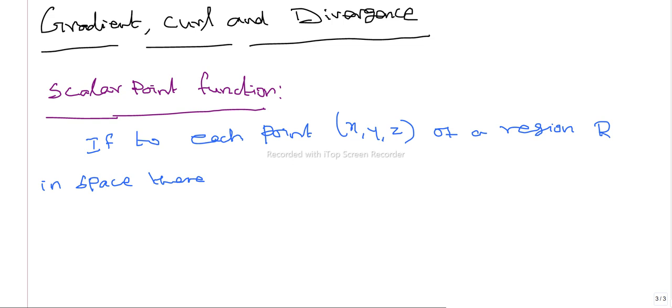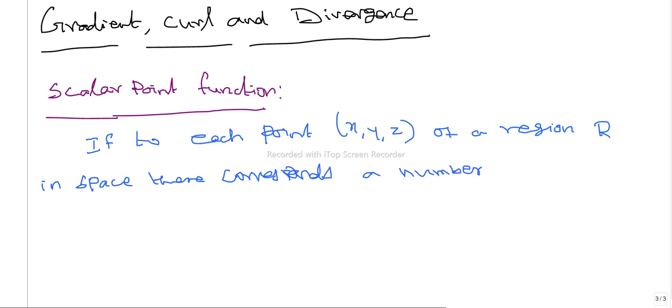We have to assign to each triple some number. Okay, maybe some particle is moving in the plane. Suppose, maybe I write the definition, then we can explain. So there corresponds a number.